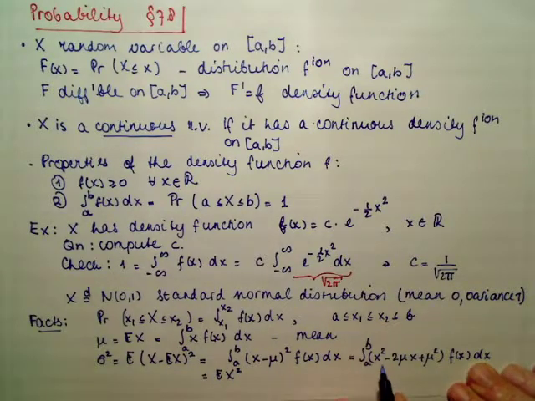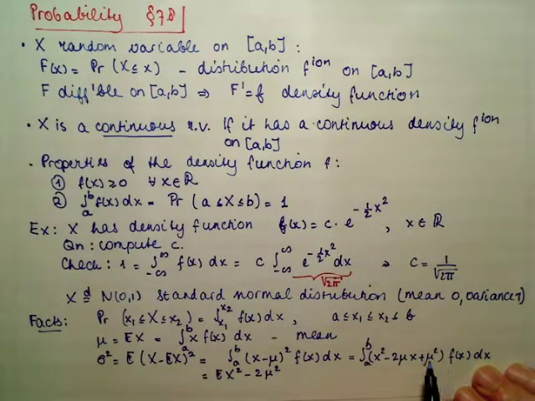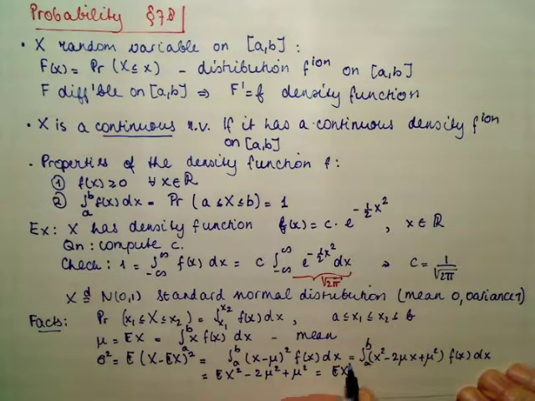Now if we integrate the second term, we get minus 2 mu times the expected value, so minus 2 mu squared, and we have to integrate mu squared times the density, which is just mu squared times the integral of the density over the whole space, which is 1. So we get plus mu squared, and in total the expected value of x squared minus mu squared.